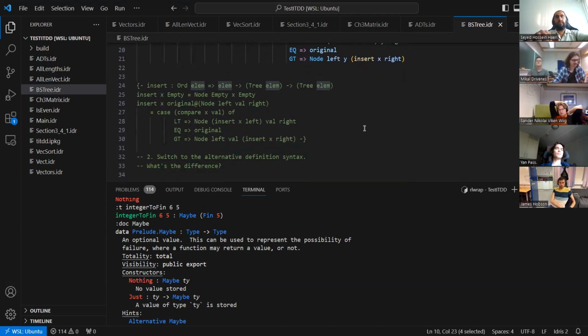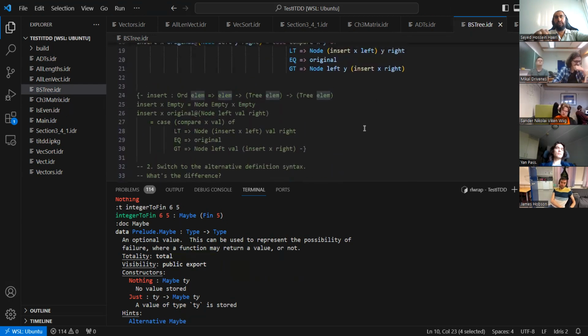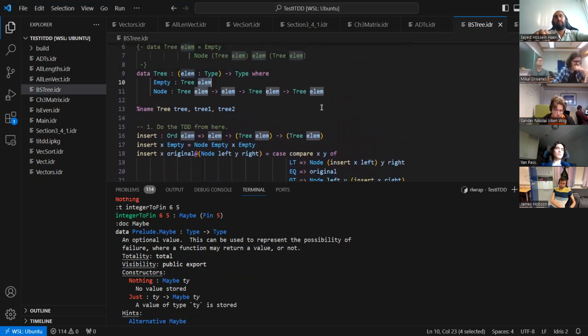Now, there is one extra thing that you can do, which is, given that we want to work with binary search trees, and we know that the elements of this tree are always going to be comparable, or ordered, what we can do is to push this requirement of elements being ordered to the tree itself, so that we no longer need to write it down in every function that works with the type tree.